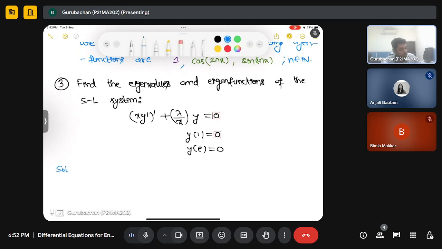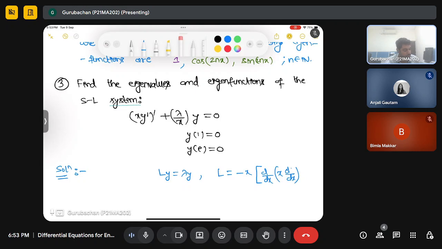If you see it as Ly = λy, you will get to know that L is minus, since it's λy, so this x goes to the LHS: minus 1/x times d/dx of (x d/dx) plus some q(x). What will q(x) be here?